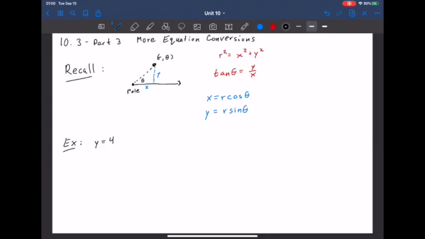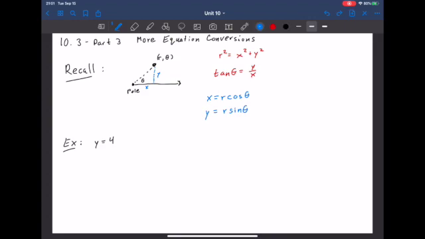This is more just an exercise in algebra and making sure you understand what's going on with the polar coordinate system, and that a lot of things that used to be easy in rectangular are harder in polar. Just like we showed yesterday, things that were hard or impossible in rectangular are easy in polar. So this is easy in rectangular.